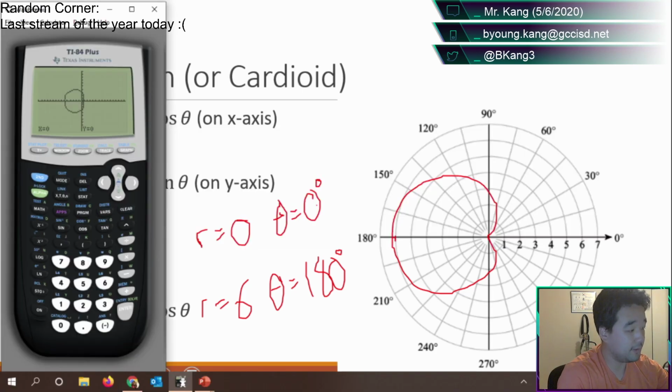Just a cool thing to note, I guess, because I like this stuff. If you make this number proportionately bigger, so 5 is bigger than 3, notice how there's a little dimple, but it doesn't touch the origin, so that's called a dimpled limaçon. And if you make the number here bigger, then you have a little loop inside of your limaçon, so that's called a looped limaçon.